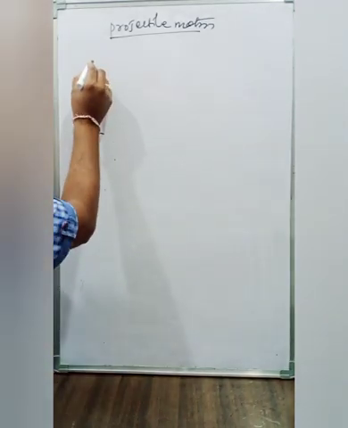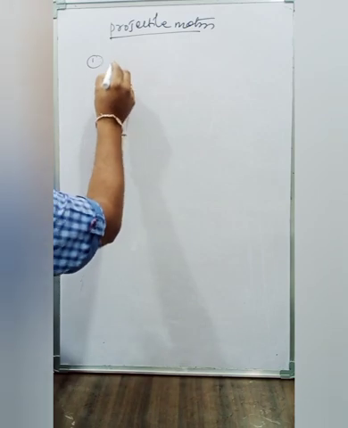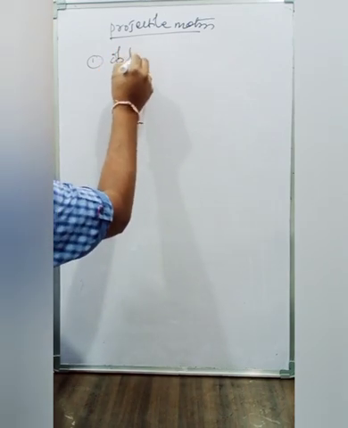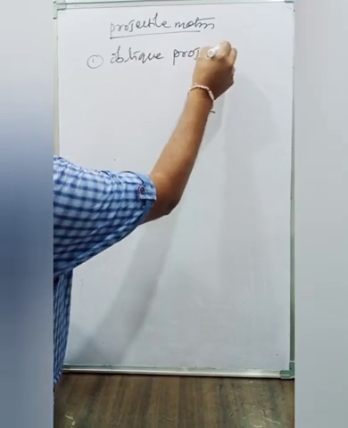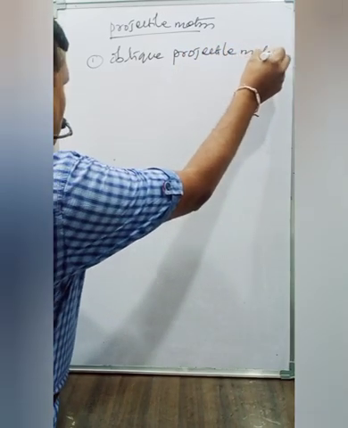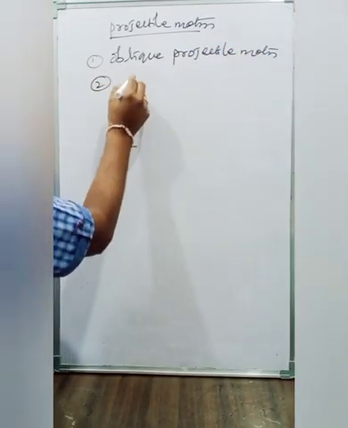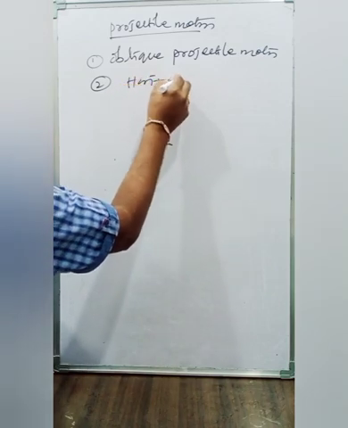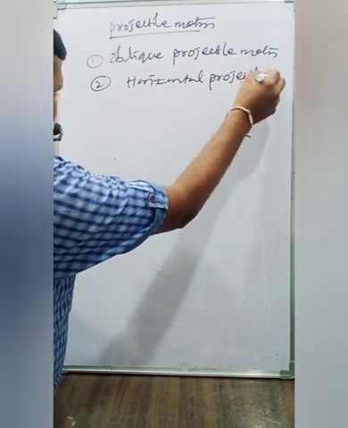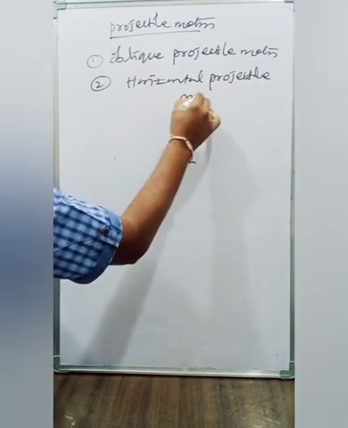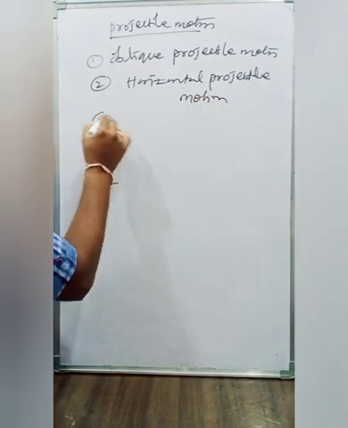Here there are three types of projectile motion. One is oblique projectile motion. Another one is horizontal projectile motion. The third one is inclined plane projectile motion.